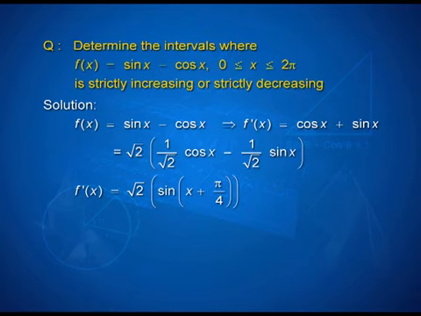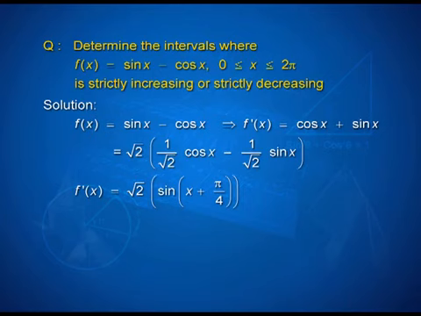x plus pi by 4, because 1 by root 2 cos x plus 1 by root 2 sin x is same as either using sin pi by 4 as 1 by root 2 in the first place or in the second. The expression simplifies to sin a cos b plus cos a sin b or cos a cos b plus sin a sin b.